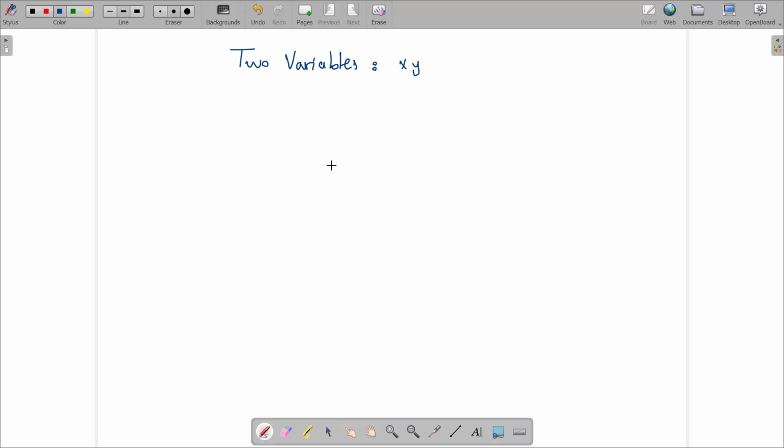Now I want to draw the corresponding Karnaugh map of the two-variable Boolean function. In this diagram, we draw something like that. Now we write here x, here y.